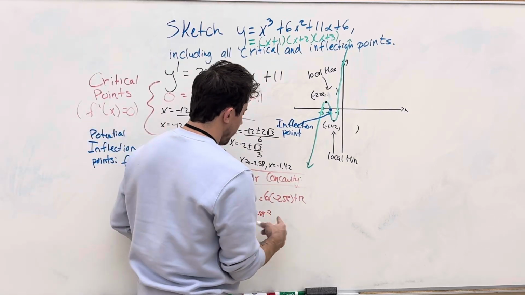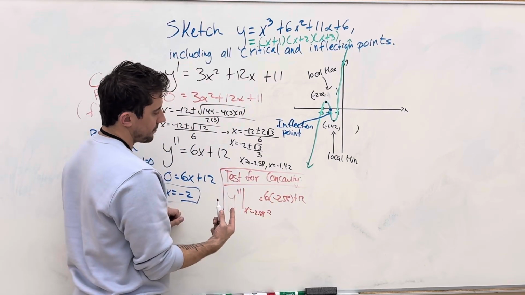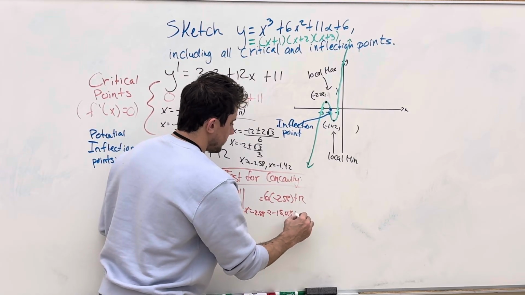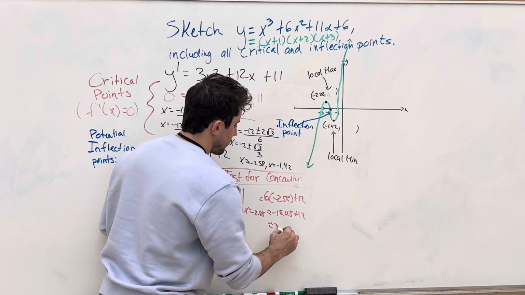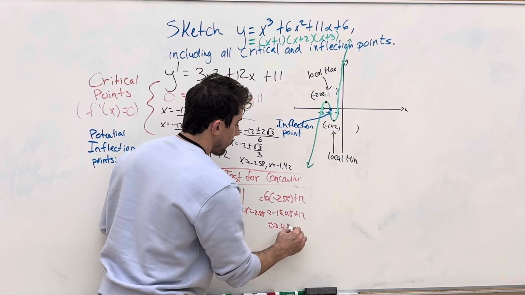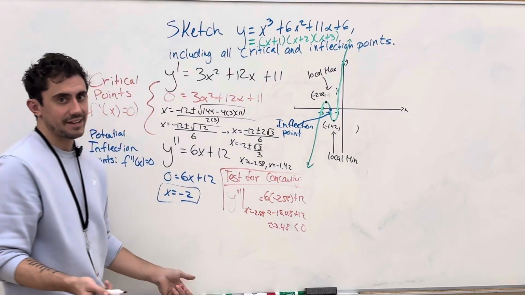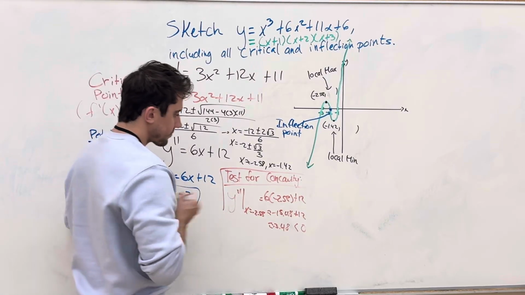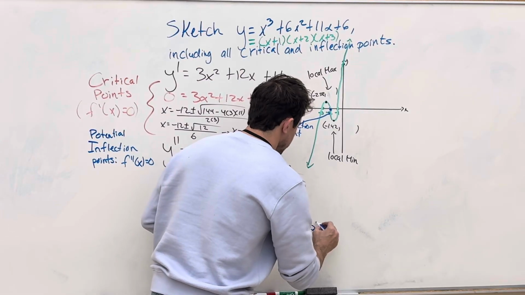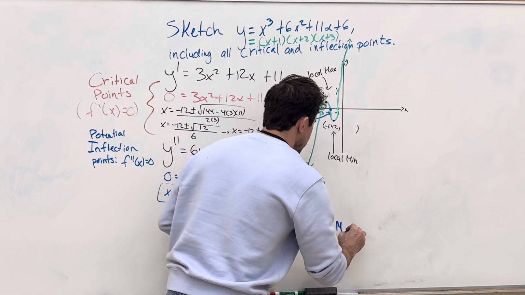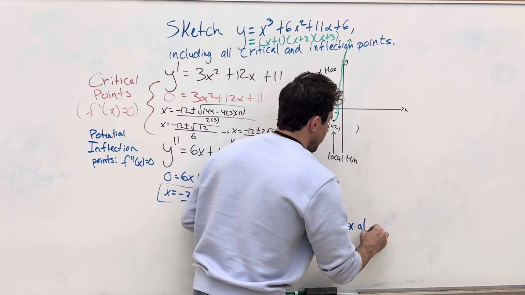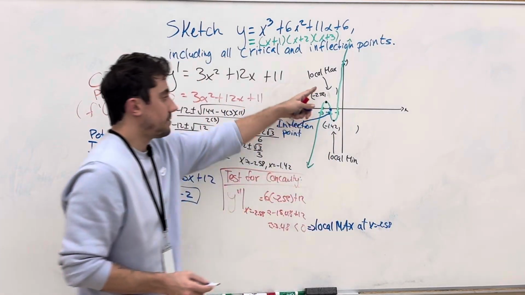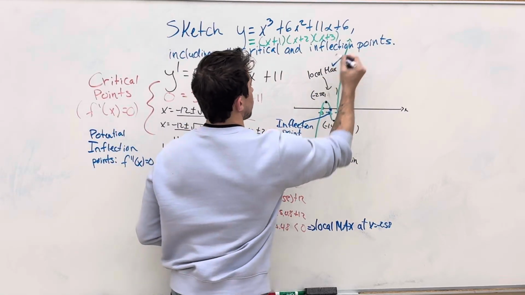And so this is roughly negative 15.48 plus 12, which is roughly negative 3.48, which is definitely a negative value, obviously. And so that does imply a local max at the x equals negative 2.58 point, right? And so that looks like it works out.